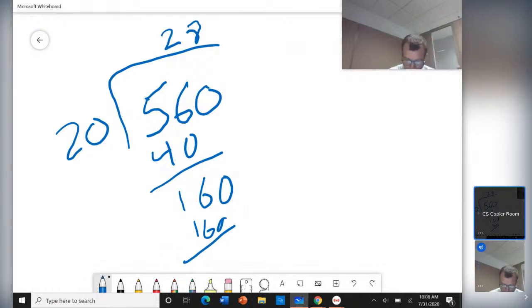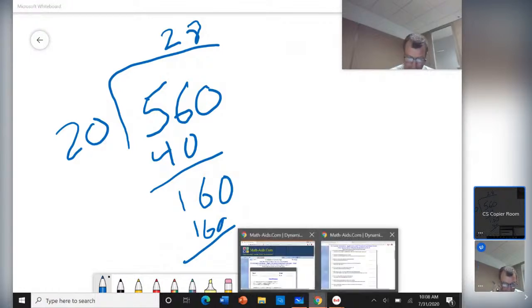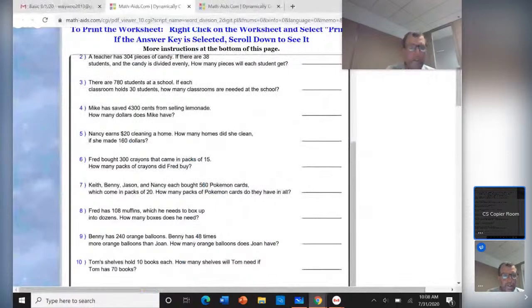But let's go back to the question. This is kind of one you have to read carefully. So it says Keith, Benny, Jason, and Nancy each bought 560 Pokemon cards, which come in packs of 20. How many packs of Pokemon cards do they have in all?